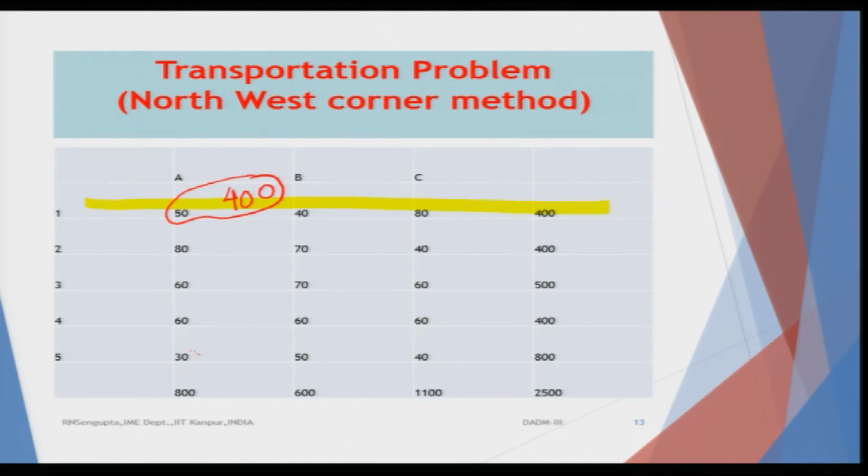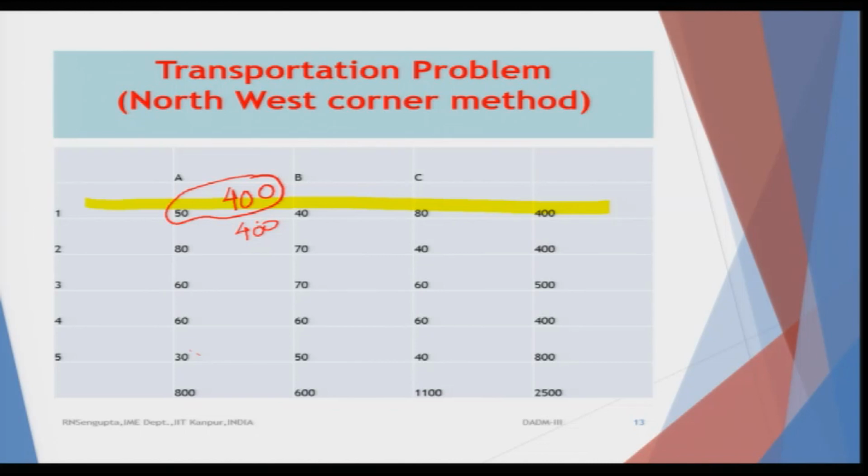That means the cost would have been 400 into 30. That is the actual algorithm logic which was used for the Vogel's approximation method. But now, once the northwest points are done, you come to the next point. So, 400 is still left.